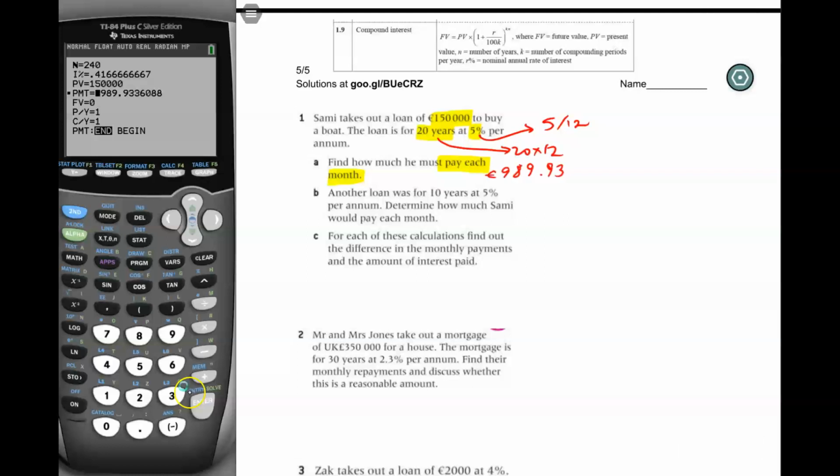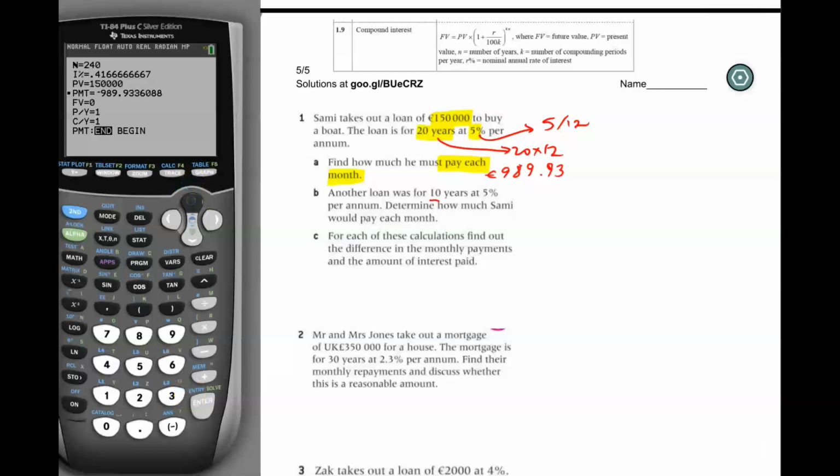Another loan was for 10 years at 5% per annum. Determine how much Sammy would pay each month in this case. The difference between this and the other case is it's 10 years instead of 20, so it would be 10 times 12 instead of 20 times 12, so it would be 120 instead of 240.